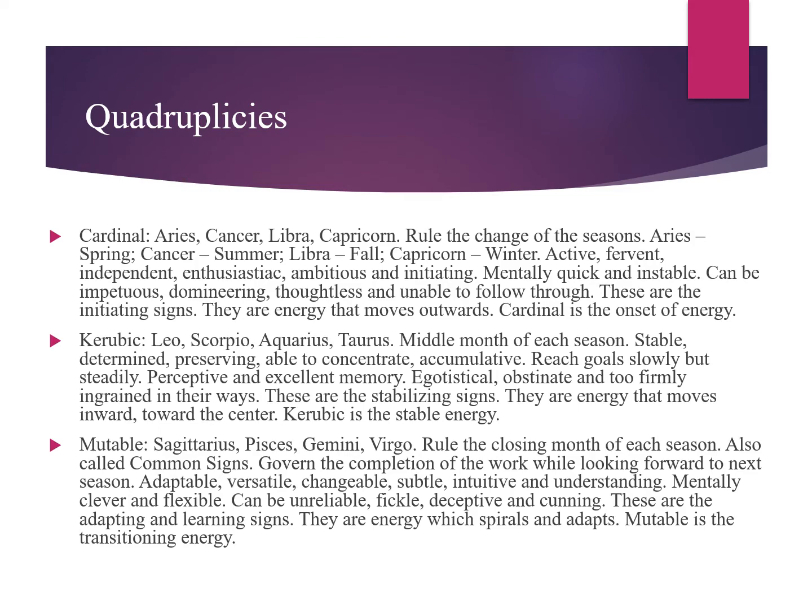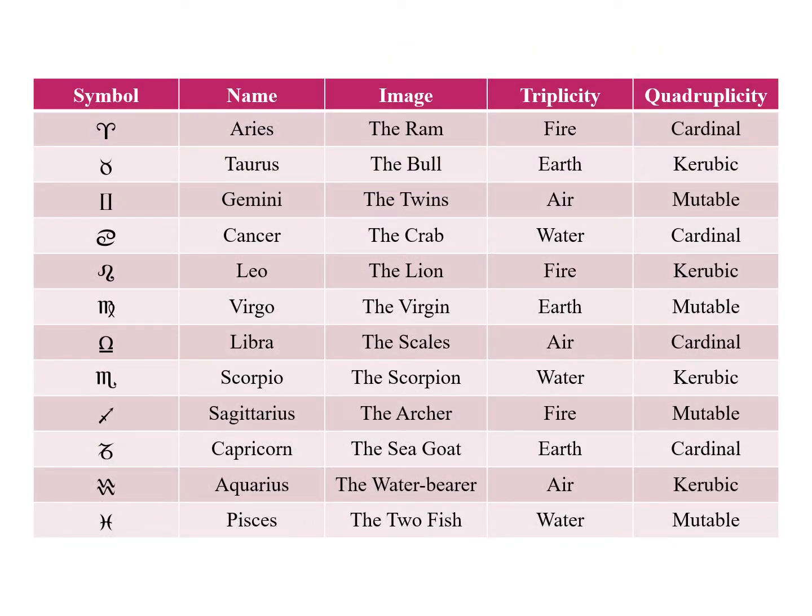So here we have all 12 of the zodiac signs with their names, their symbol, what the symbol is, the image that the symbol represents, what triplicity they are, and what quadruplicity they are.